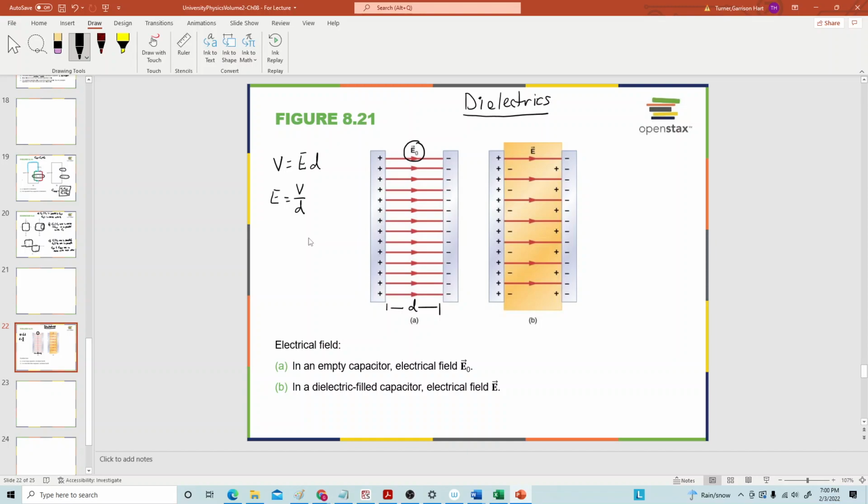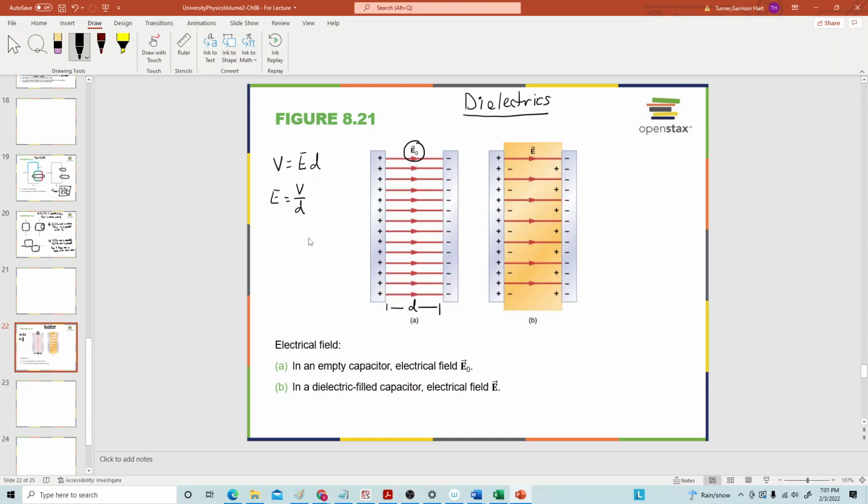Now, what happens when I put a medium in between the two plates that's not a vacuum? When I put a non-vacuum medium in between the two plates, what happens?